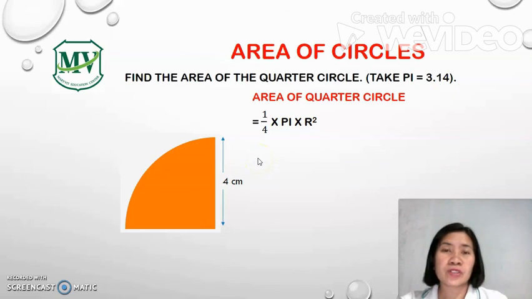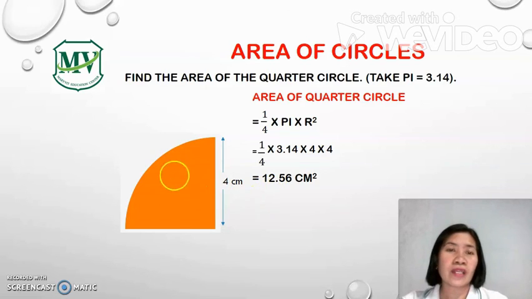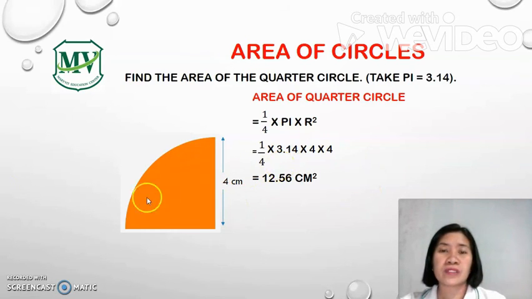Now let's substitute the values. 1 over 4 times 3.14 times 4 times 4. That would be 12.56 square centimeters. So the area of the quarter circle is 12.56 square centimeters.